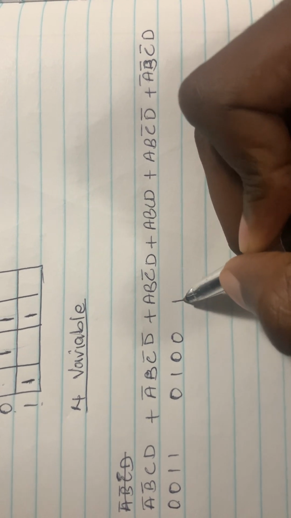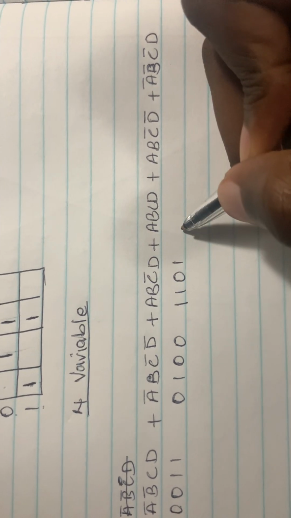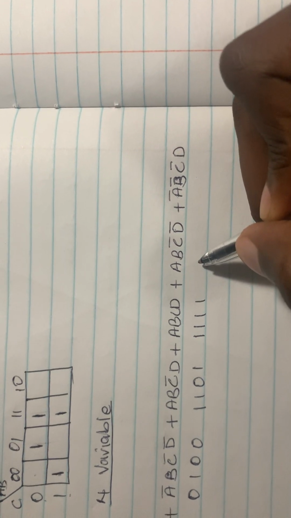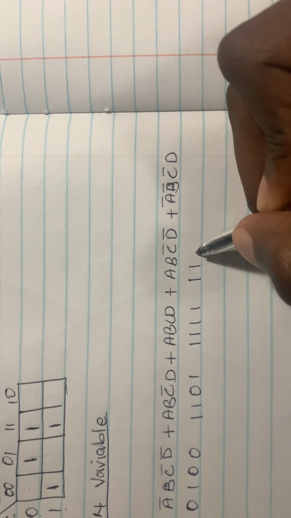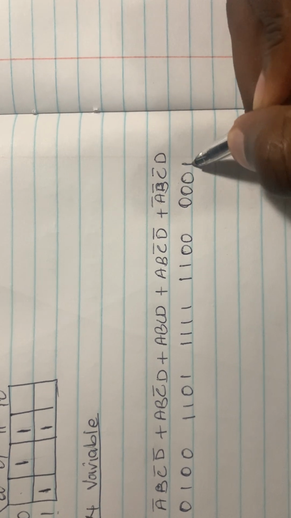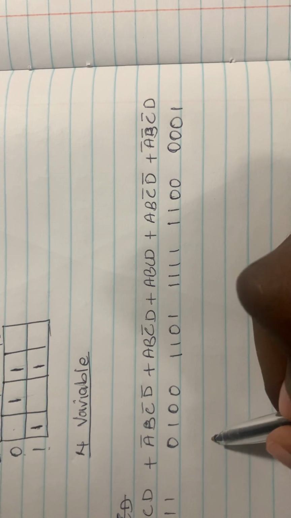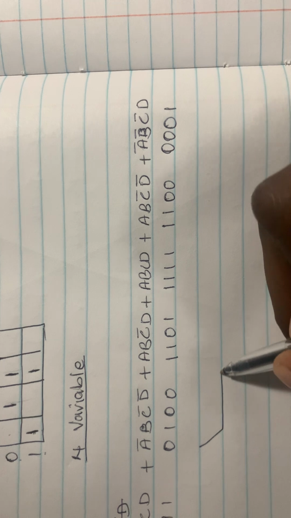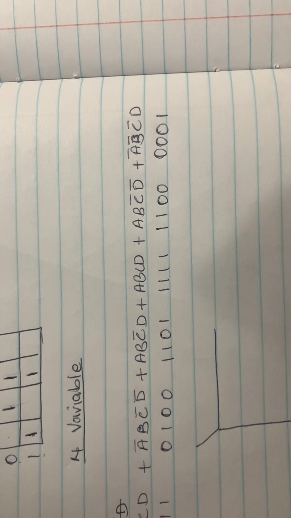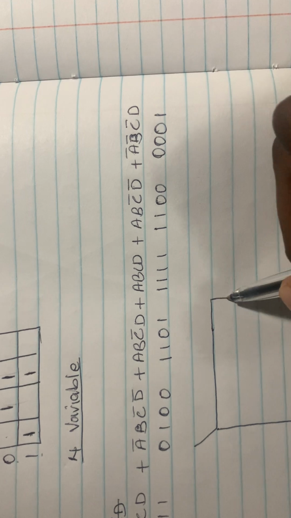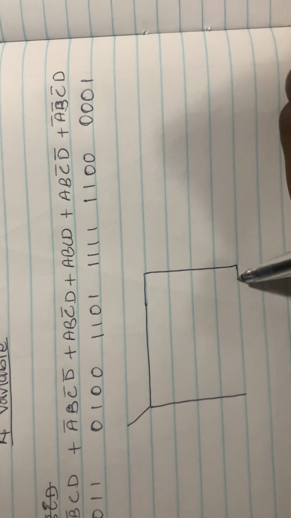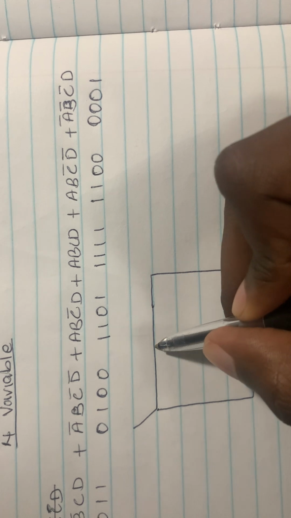So it will be 1 1 0 1, 1 1 1 1, here 1 1 0 0, and here 0 0 0 1. Then we draw like this.